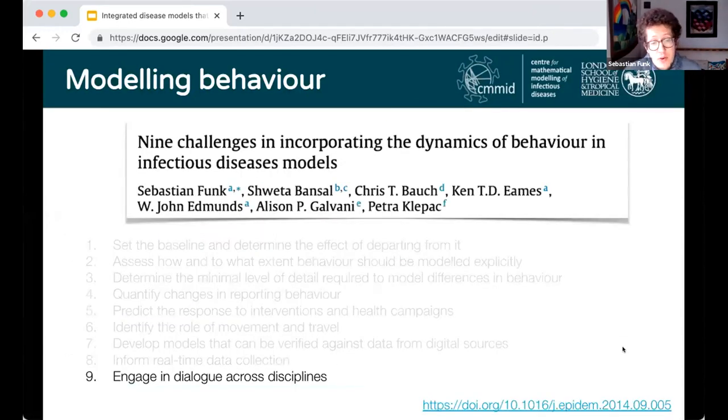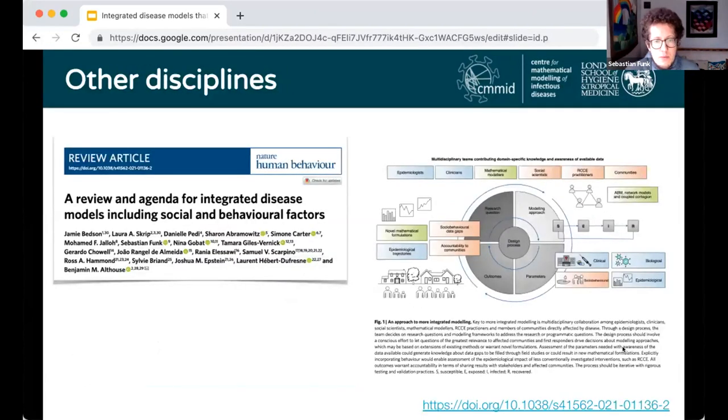The last one, and a really important one, I think, was the plea that we put out for engaging in a dialogue across disciplines. I had a small involvement in a recent, much more comprehensive review on this, which I recommend looking at and engaging with.